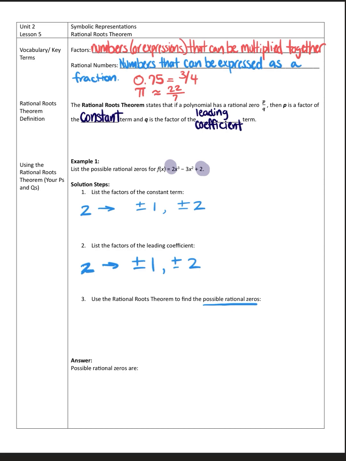So if I were to take these numbers and plug them back into the polynomial, if it was an actual zero or actual solution, then the polynomial will be equal to 0, okay?